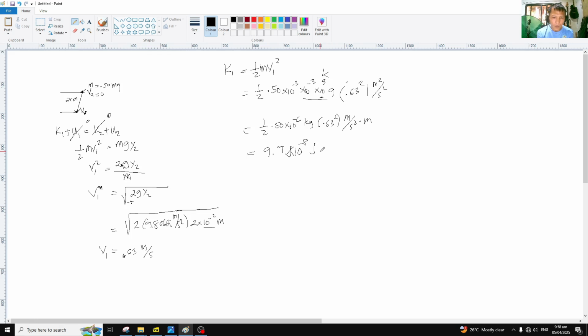Tapos, 9.8. Actually, 9.81 or 9.8. Kaya kasi gumamit ako naka-round off na. So, kailangan talaga adit ibubutang. So, and that will give you a 9.8 times 10 to the negative 8 joules.